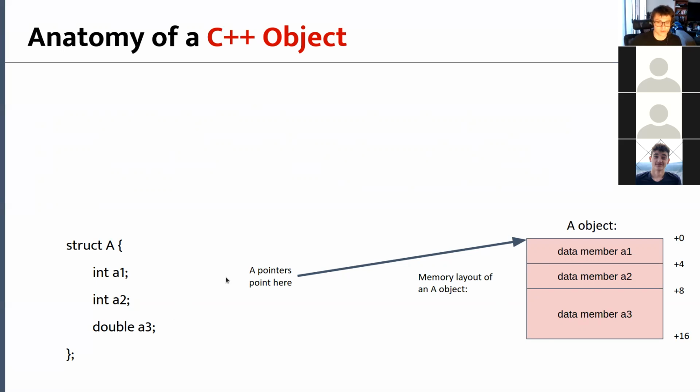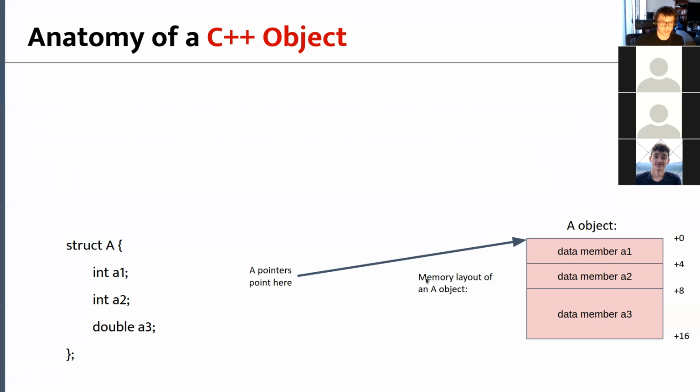Any pointer that's referring to an object just points to the beginning of the object, and the data members are accessed via byte offsets. So ints are 4 bytes, so we know the first field of any A object is in bytes 0 to 4. The second field will be stored in bytes 4 to 8, and the third field, because it's a double, will be stored in bytes 8 to 16.